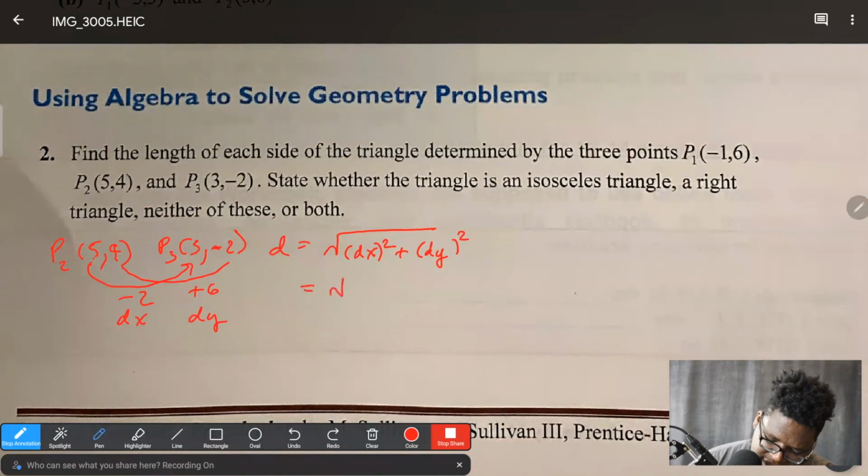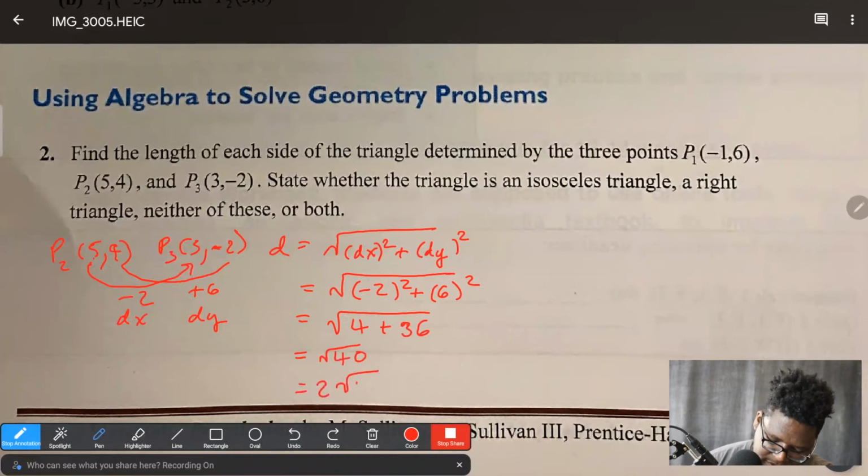So the distance between your x values is -2 squared, and the distance between your y values is +6 squared. So we got the square root of 4 plus 36, which is root 40, which we literally just did. We know this is 2 root 10.